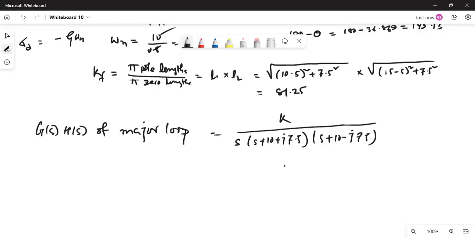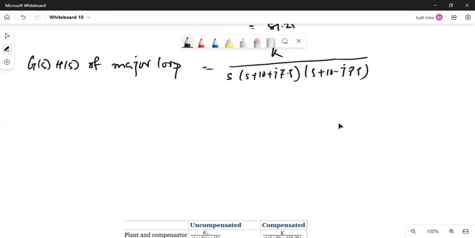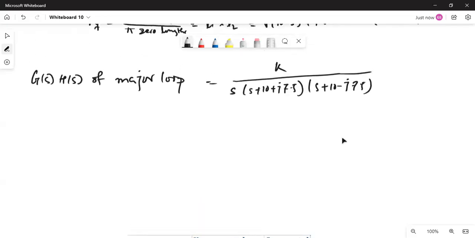Okay, so in this loop, we're trying to adjust the gain K. So now, for plotting that one, what we already have is the 3 locations. So the result is also in there.